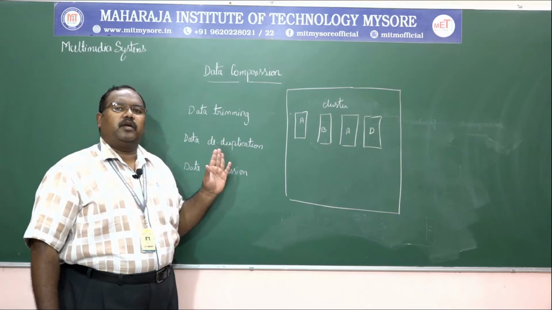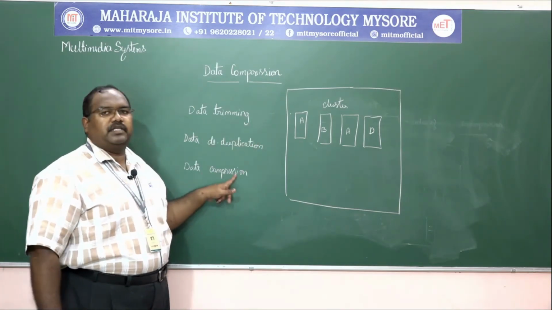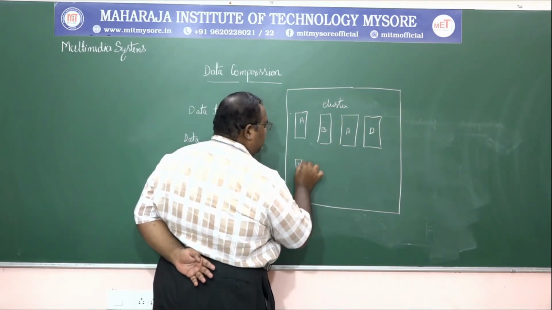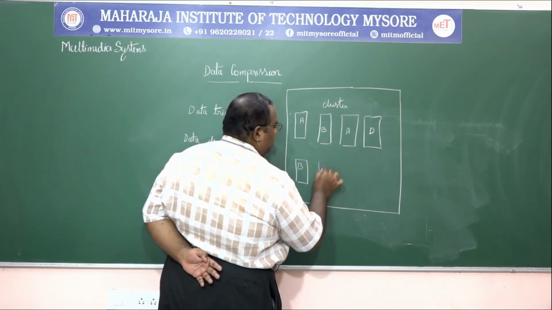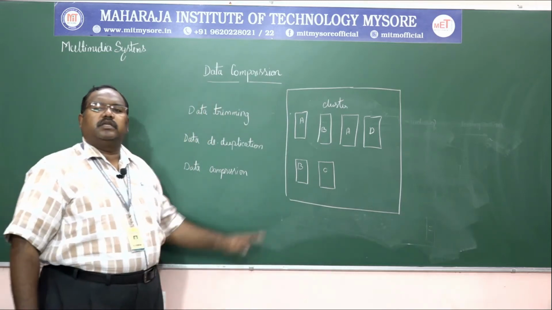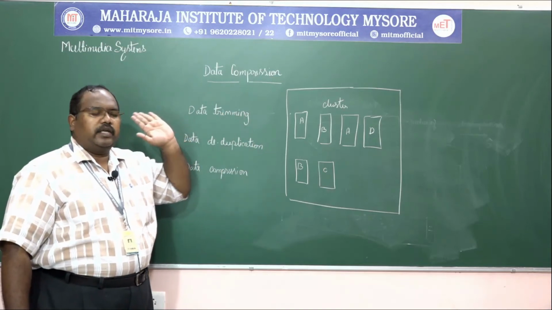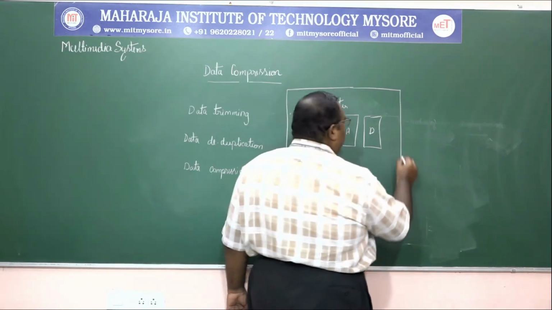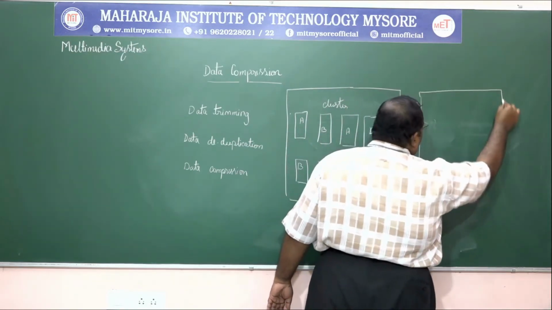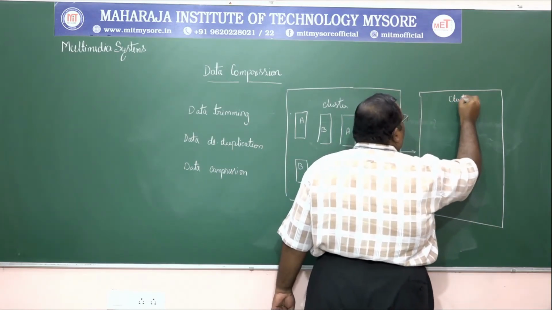We are not concentrating on any replication or duplication concept. Here we are talking about compression. So next I have one more file B and I have a file called C. So this is an initial input cluster. So the next process that I am supposed to do here is the compression. This is said to be one more cluster.